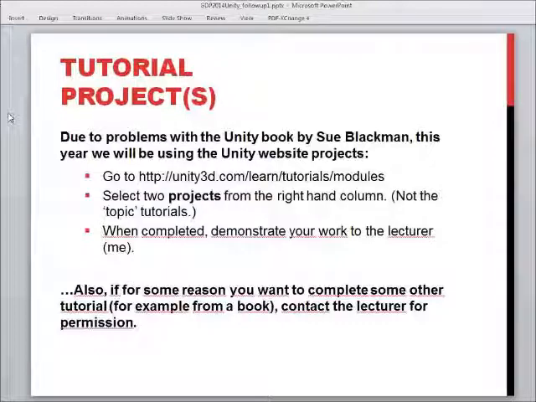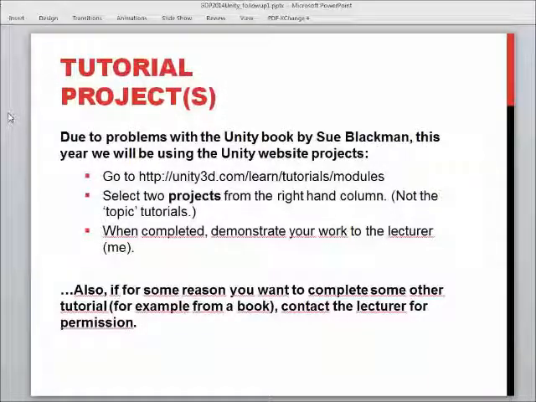So the quick reminder for those of you who are following this presentation from online video later this week or at a later occasion, the idea was that we have 2 tutorial projects and then we'll do our own work. The tutorial projects are available from the Unity website. In addition to those tutorials mentioned on that web page, there's also a couple of older tutorial projects for the older versions of Unity.